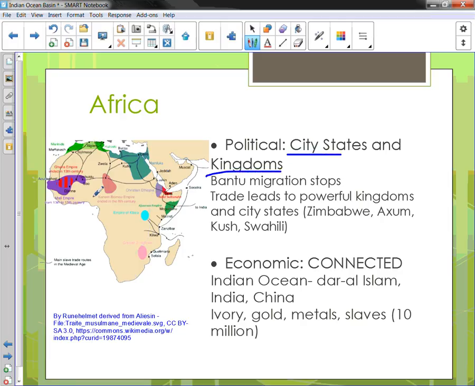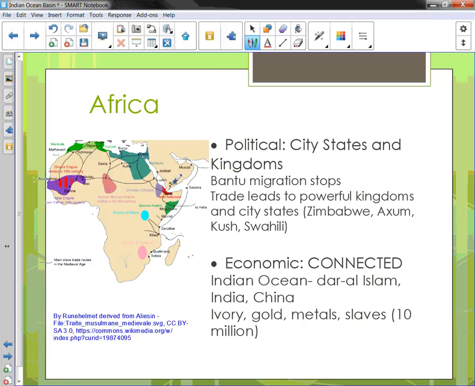The Bantu migrations, which started in this area here, were moving to the southern reaches of Africa, spreading their language along the way, and during this time. That continues this period of stability.